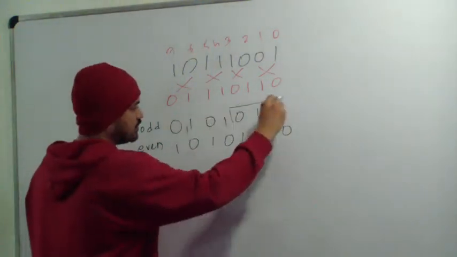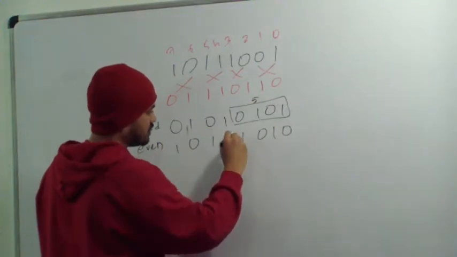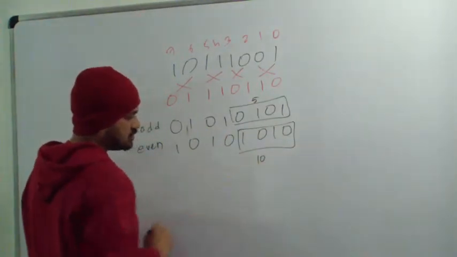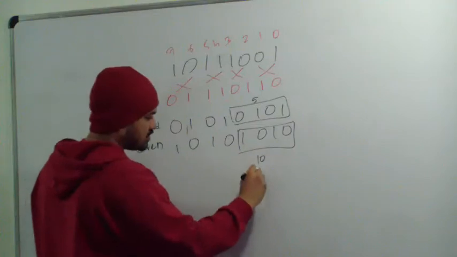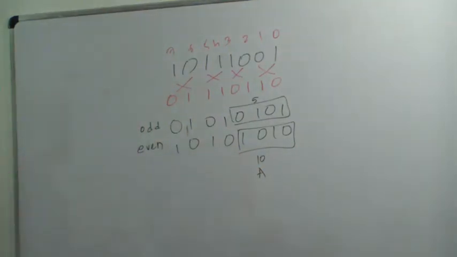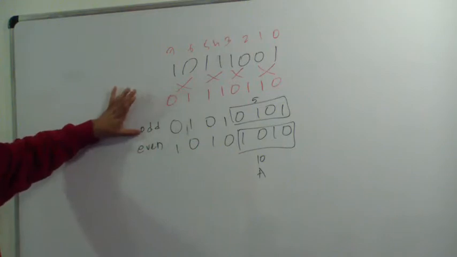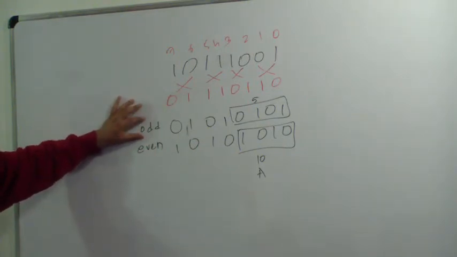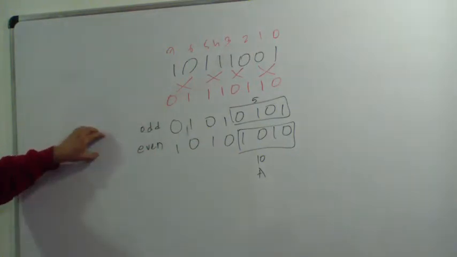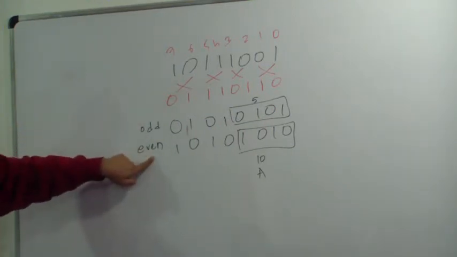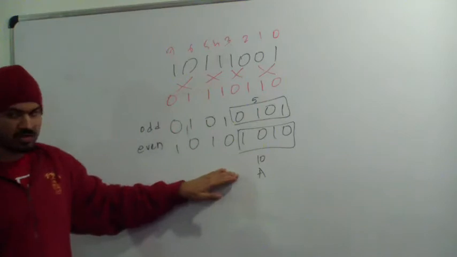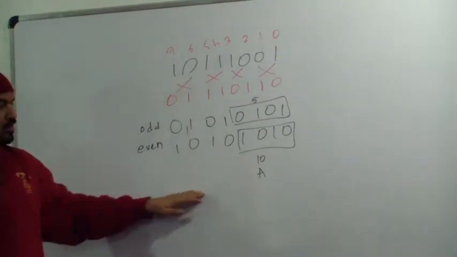If you look at this value, this is 5, this is 10, or in hexadecimal it is A. Now when you AND it with this, you will only have odd digits. If you left shift by 1, they will become all even digits. When you AND it with this and right shift by 1, your even will become odd. Then you OR it.